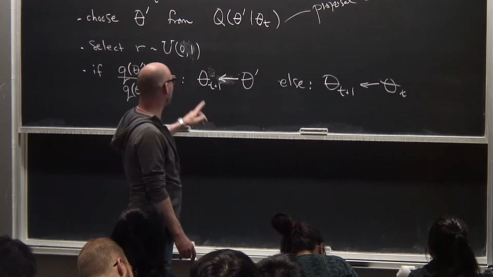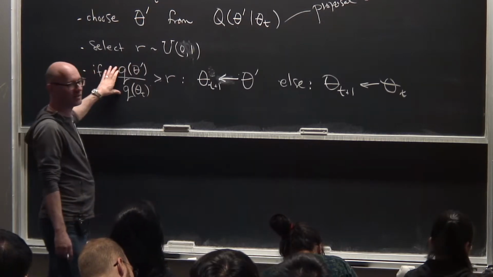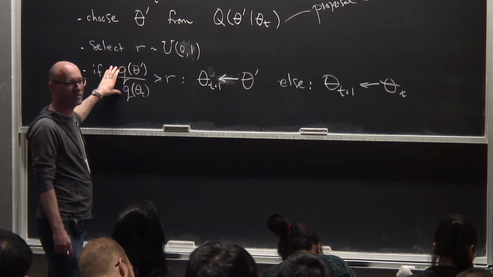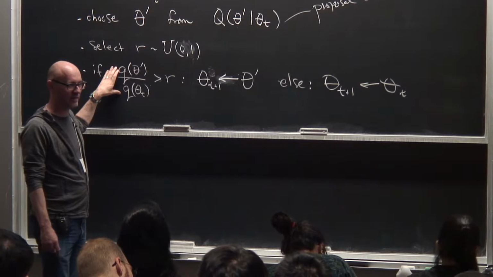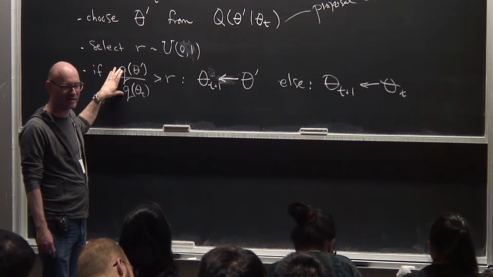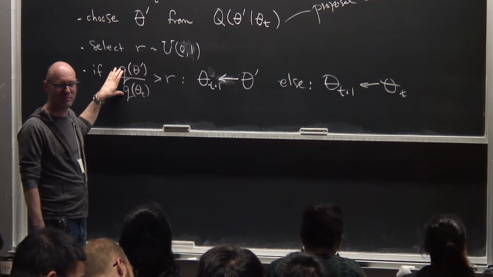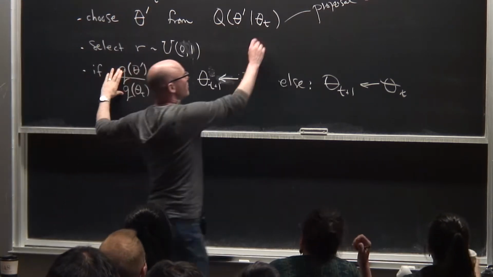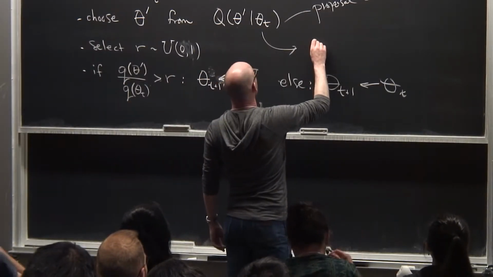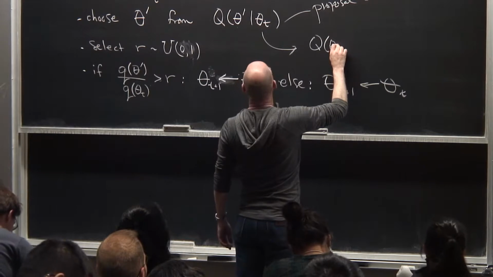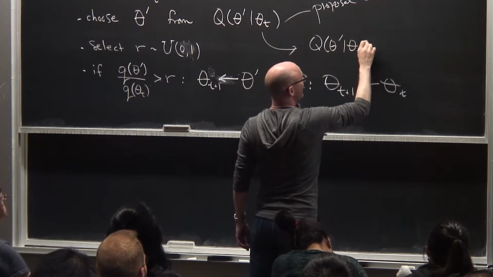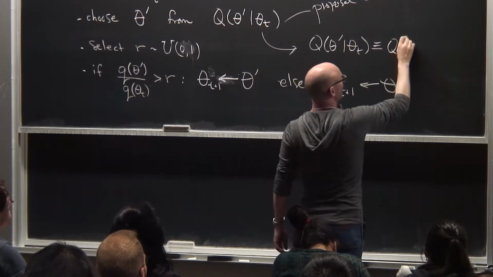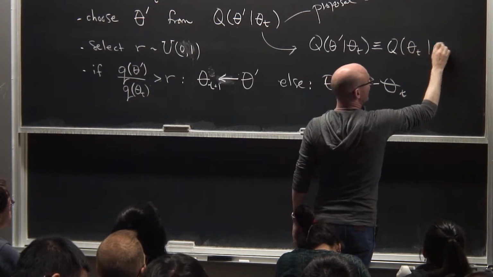And by the way, I have made an additional assumption here. The actual algorithm is slightly more complicated than this. This is actually a slightly wrong statement of the algorithm. This form of the algorithm is only true if Q of theta prime given theta t equals Q of theta t given theta prime.